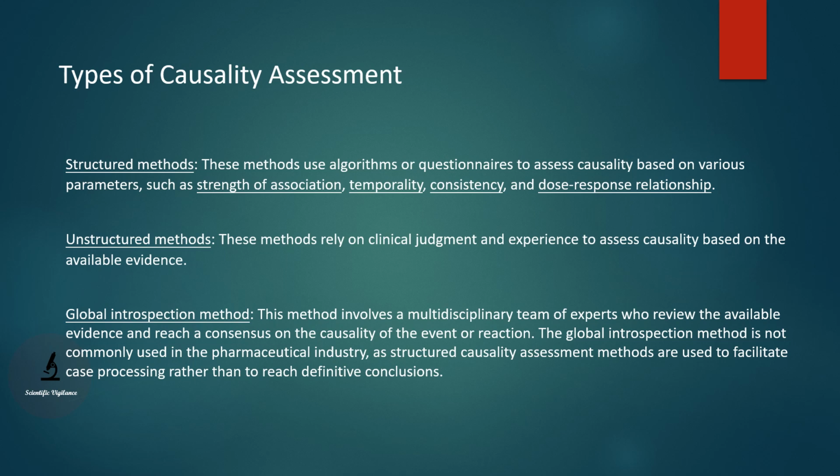These methods employ algorithms or comprehensive questionnaires designed to assess causality. They take into account various parameters, including the strength of association, the timing, consistency across cases, and the presence of a dose response relationship. The second one is unstructured methods.